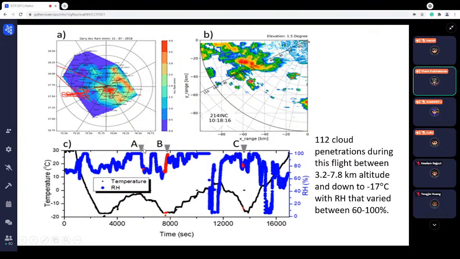I have indicated a few locations where this is the time trace of the temperature and the humidity, and you can see A, B, C where we have done some cloud seeding with the glaciogenic ejectable flares.